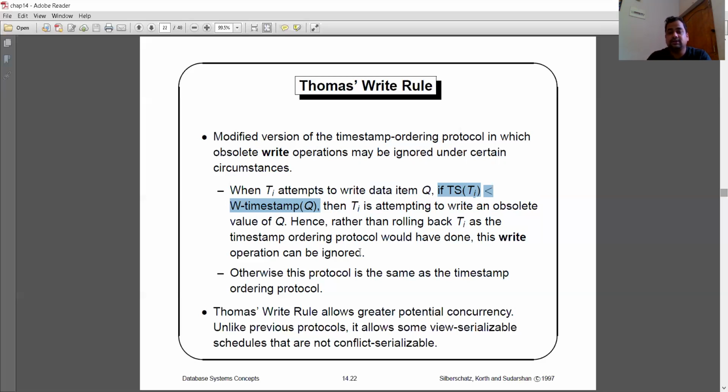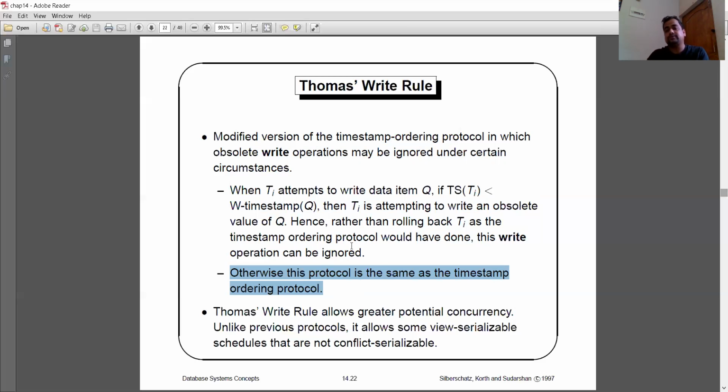If yes, instead of a rollback as in the previous timestamp protocol, where we directly rolled back the transaction Ti, we can ignore the write operation. We can ignore the write operation if the timestamp ordering is already done. Otherwise, the protocol is the same as the timestamp ordering protocol.